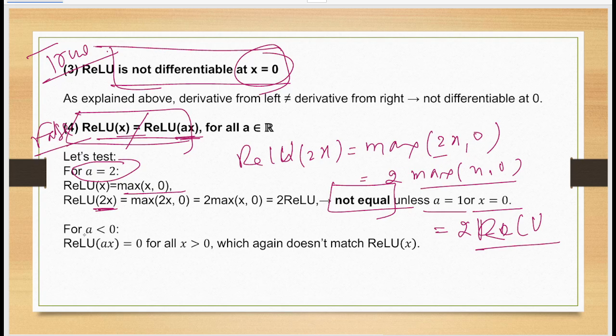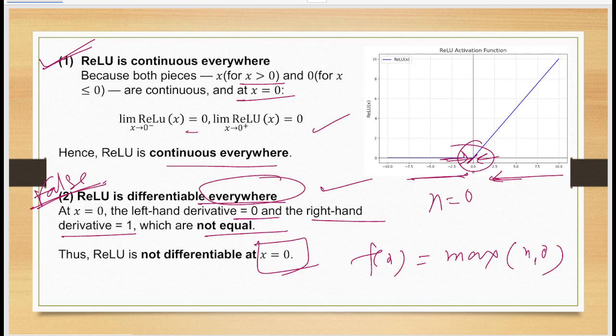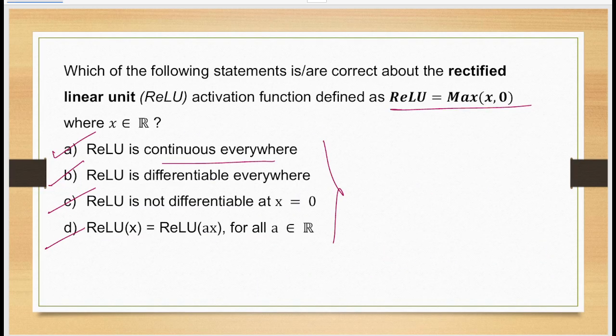Further, for a less than 0, ReLU of ax equals 0 for all x greater than 0, which again does not make ReLU x. So this is false. So what we get is the first and third one, a comma c. So this is our correct option here.